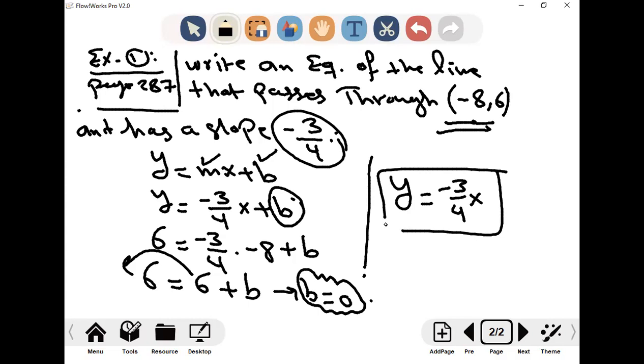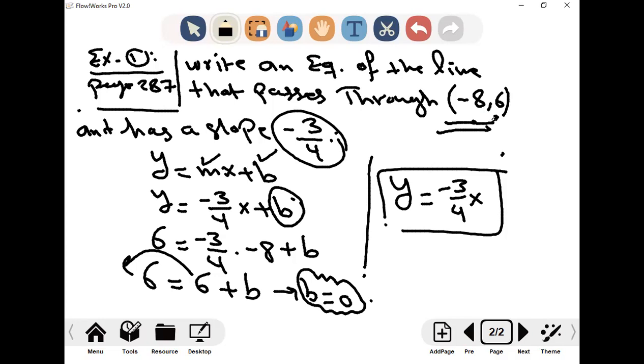We use the point. What's x now? Negative 8. Negative 3 multiplied by negative 8 is positive 24, divided by 4 is 6. Get it? So y equals negative 3 over 4x. This is the equation of this line. You understand?